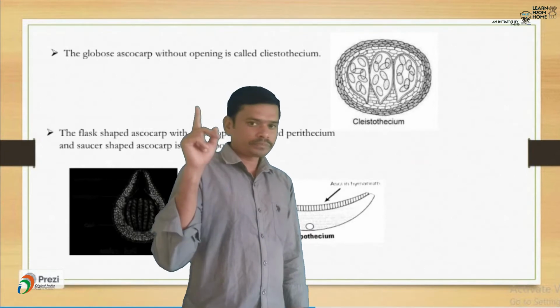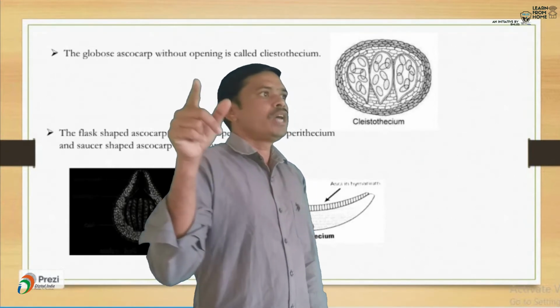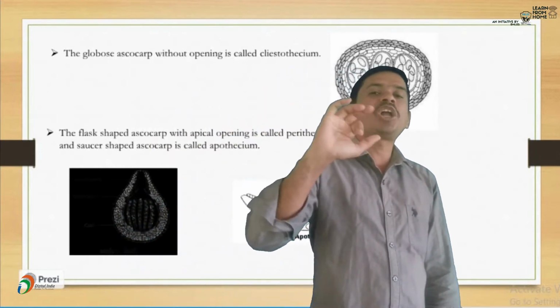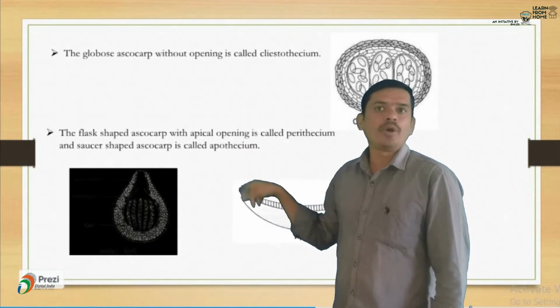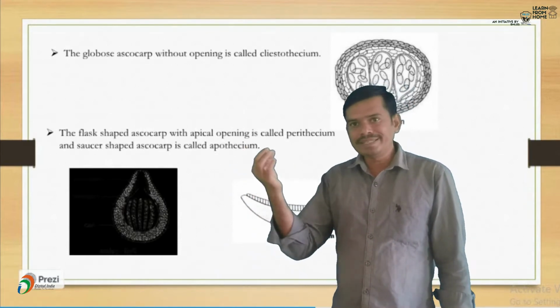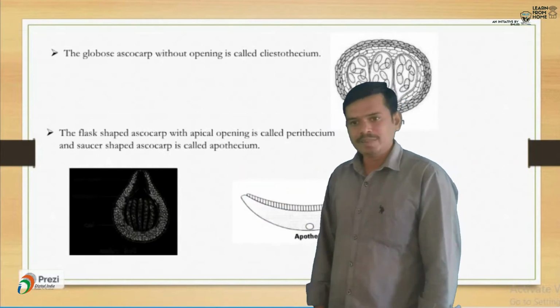So in cleistothecium the ascocarp apical part does not open, while in perithecium the apical part is open.